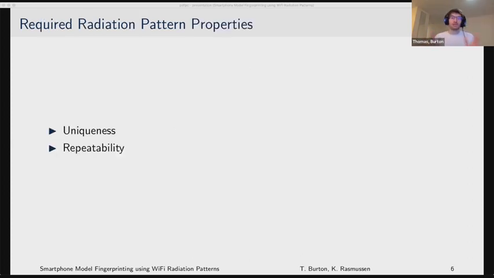For this concept to work, the idea of using radiation patterns for fingerprinting smartphones, there are two properties that we need. We need uniqueness, whether that's individual device uniqueness or particular model uniqueness. And then we also need repeatability, because we don't want to measure a radiation pattern, then go away and come back the next day and it'd be a completely different pattern. That just wouldn't work for this technique.